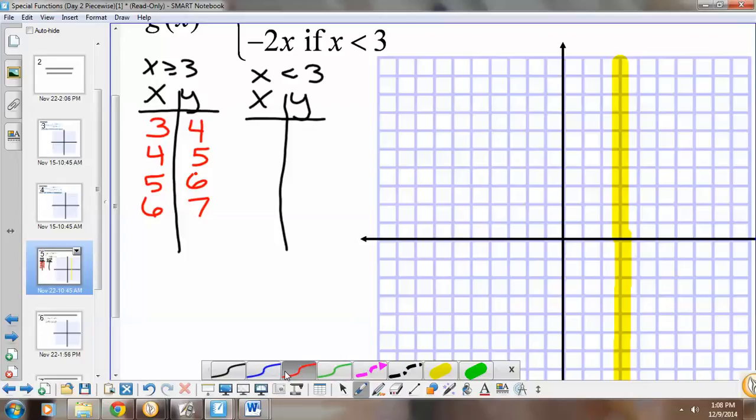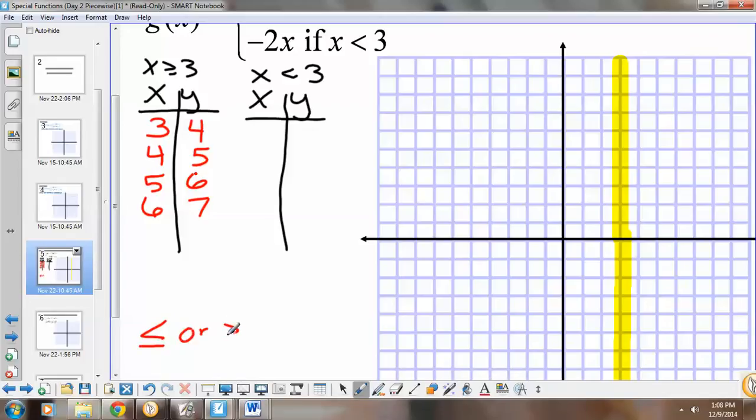It's closed. How do we know it's closed, guys? Equal to. If it's less than or equal to or greater than or equal to, we're going to use a closed circle. A filled-in circle means equal to. An open circle means there's a hole there. It means it's not equal to. So we need to use a closed circle at 3, 4.